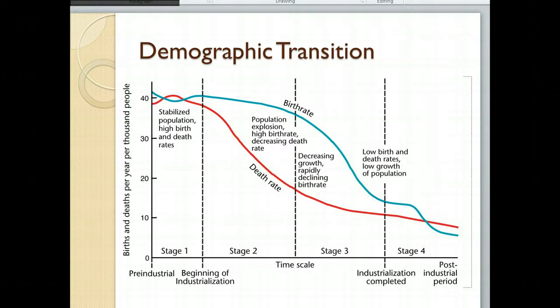As a country moves into stage 2, or the beginning of industrialization, you begin to see a rapid decline in the death rate. The birth rate stays relatively high, however, so you end up with a very huge population explosion. Part of the death rate declines because of increased sanitation, increased medical ability.